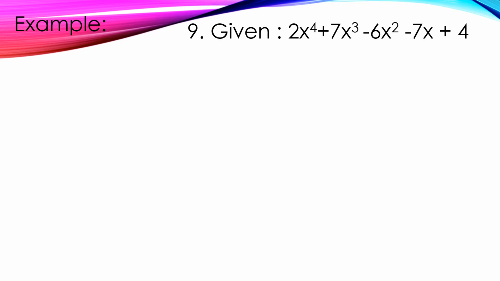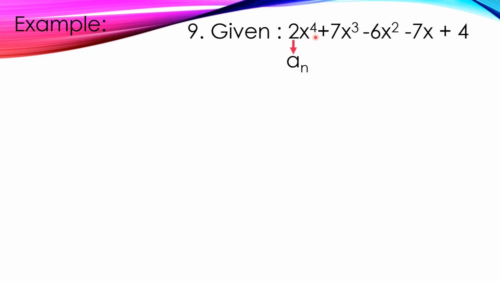For example, we have 2x to the fourth plus 7x cubed minus 6x squared minus 7x plus 4. So, since the given polynomial is already arranged in standard form, we can easily identify the degree of the polynomial.